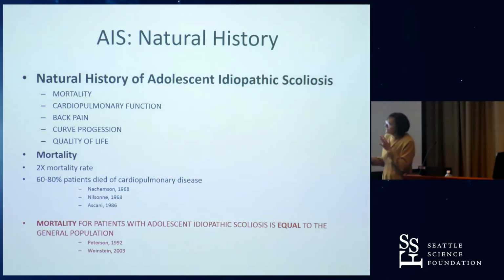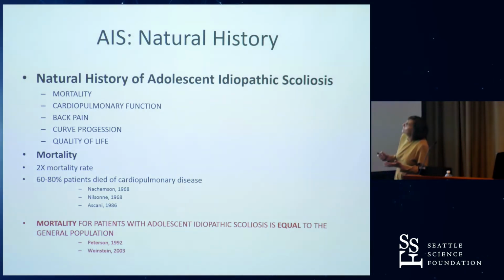And so this is not quite what we think is going on now. There have been some newer studies, again, Dr. Weinstein and his work out of Iowa. The most recent data would say that the mortality rate for patients with AIS is equal to the general population. So we don't think that it has altered mortality to speak of.